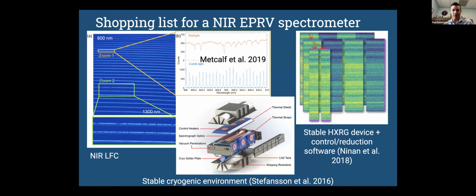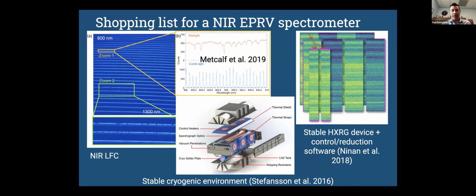And so we're fortunate here to have a laser frequency comb that has been remarkably reliable. Anybody who's worked with an LFC on a spectrometer knows that that's a real challenge. But this gives us good, reliable coverage across the whole bandpass of the instrument.